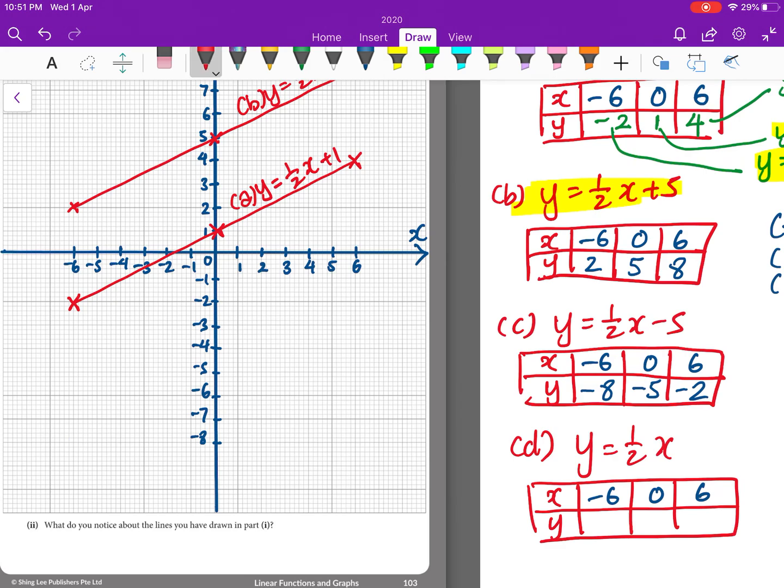Okay, let me use red color. Negative 6, negative 8. 0, negative 5 is somewhere here. And 6, negative 2 is somewhere here. Okay, same thing. Use a ruler. Draw a line that connects all 3 coordinates, 3 points.